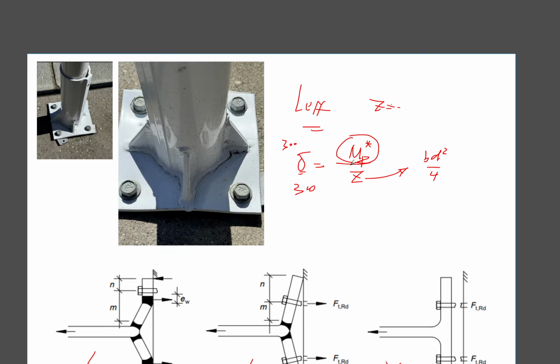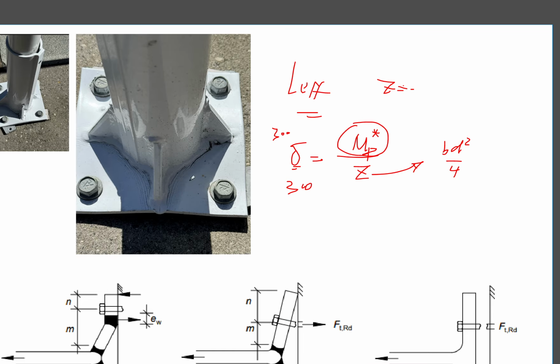From the moment, you can see that the center line of the bolt to the edge of the yield line is your lever arm. So your moment equals the resistance force P times the lever arm.